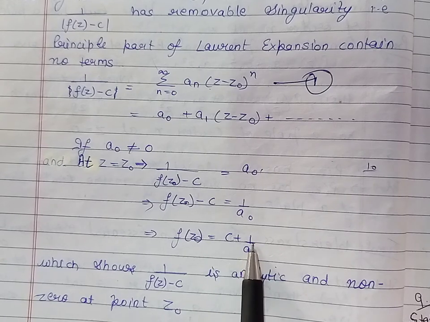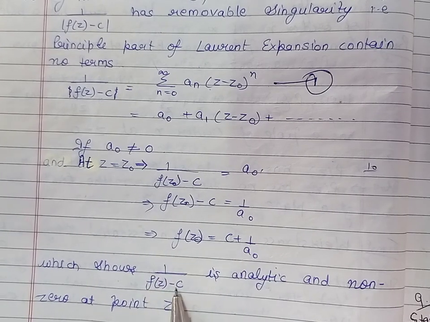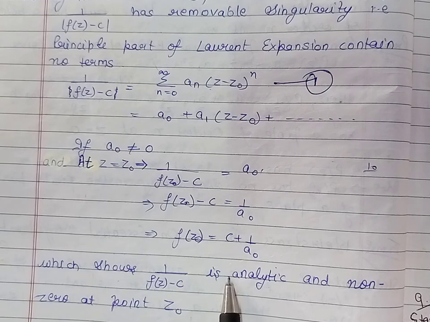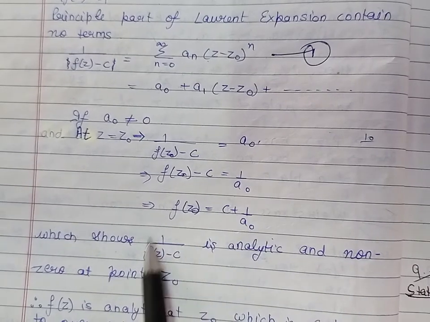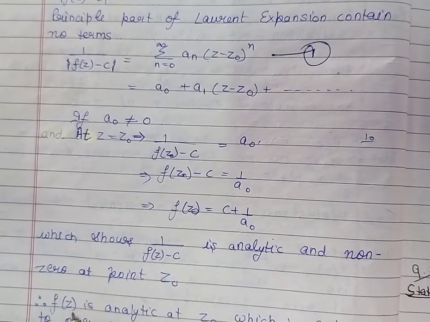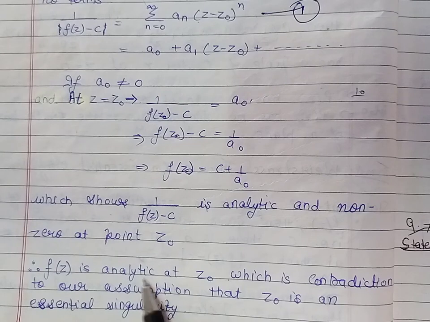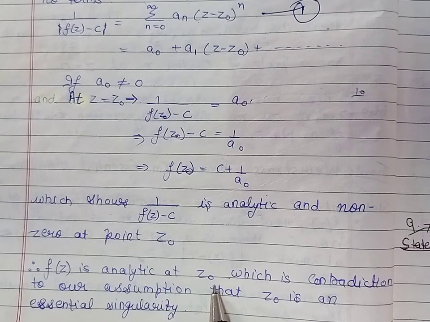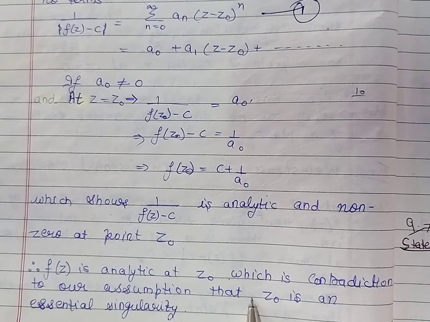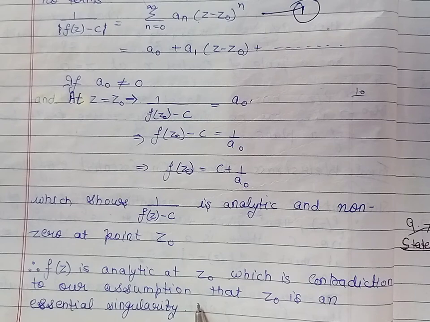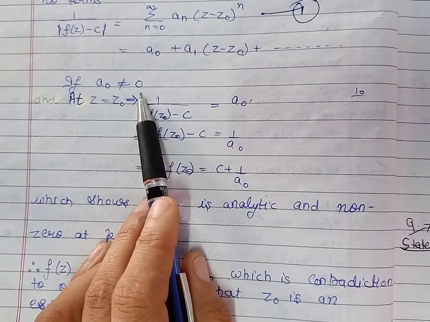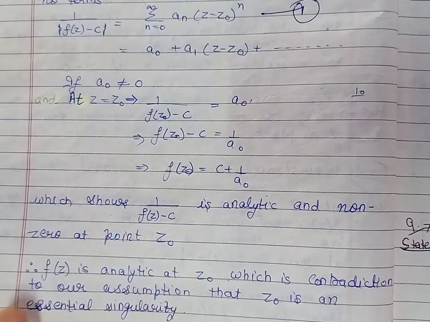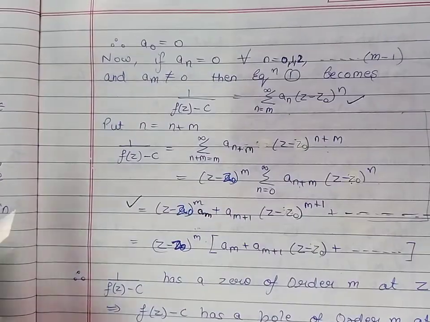So this shows that the function 1/(f(z) - c) is analytic and non-zero at the point z_0. And because this function is analytic, therefore the function f(z) is also analytic at z_0. But this is a contradiction to our assumption, because the point z_0 is an essential singularity. Therefore, if we take a_0 not equal to 0, we get a contradiction to the given hypothesis. Therefore, a_0 must be 0.